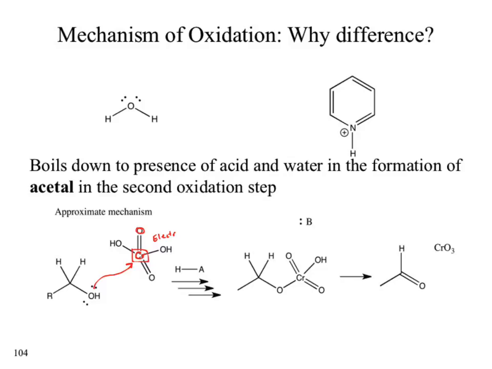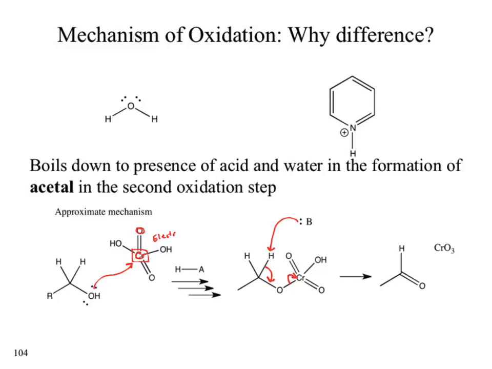We end up doing a nucleophilic addition reaction, technically followed by an elimination, that gets us to the structure, which is our chromate ester. The chromate ester can then do an internal elimination to get us to the aldehyde. How does that work? We take a base from solution, and we would end up with our aldehyde structure.